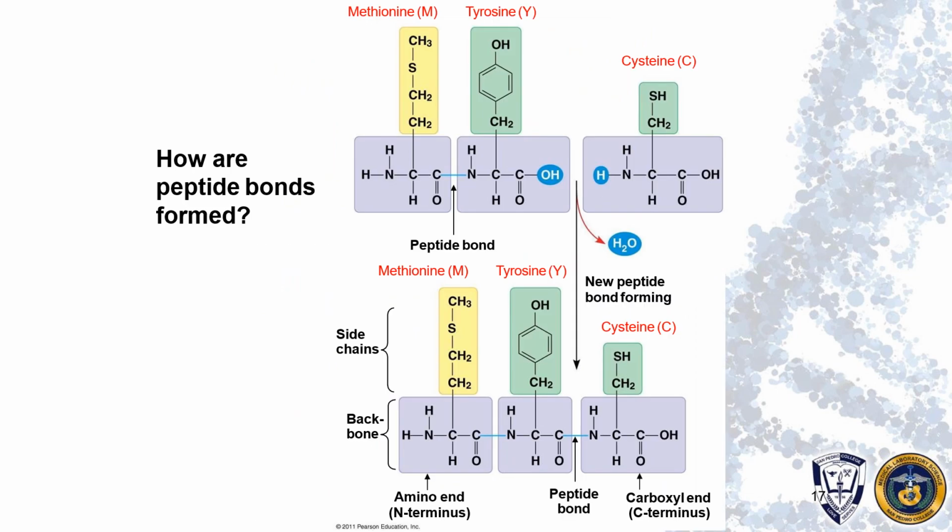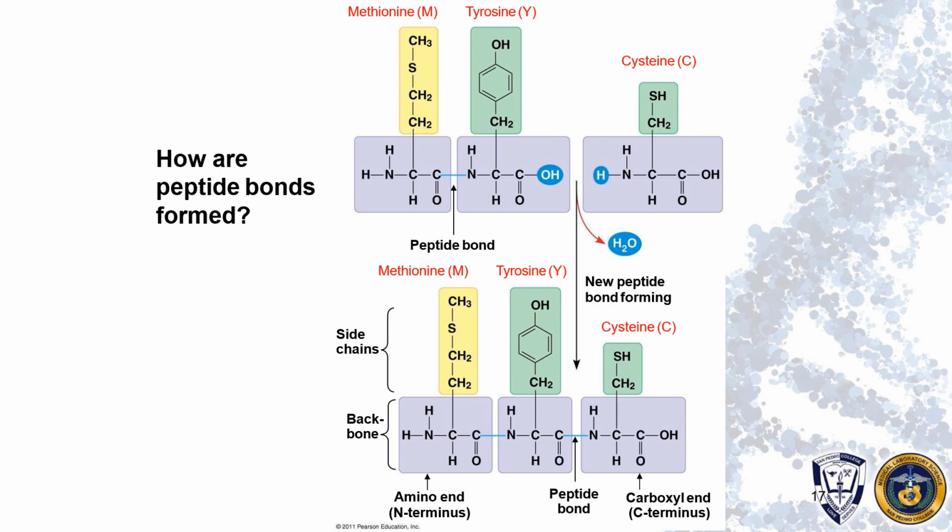So, how are peptide bonds formed? Peptide bonds are formed by a biochemical reaction that extracts a water molecule as it joins the amino group of one amino acid to the carboxyl group of a neighboring amino acid. The linear sequence of amino acids within a protein is considered the primary structure of the protein.